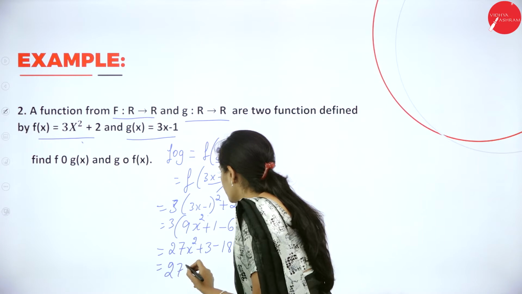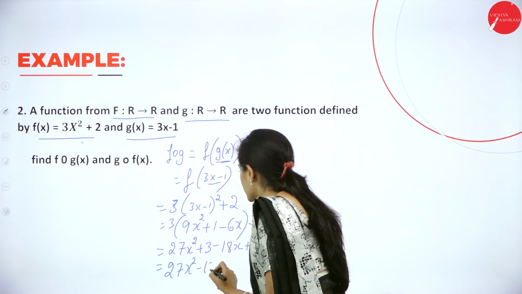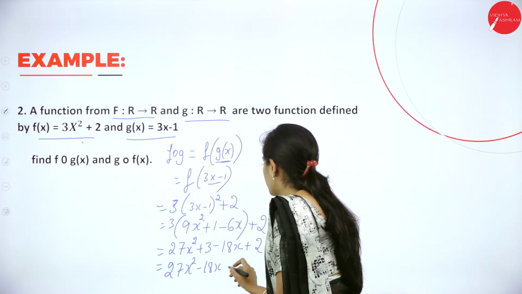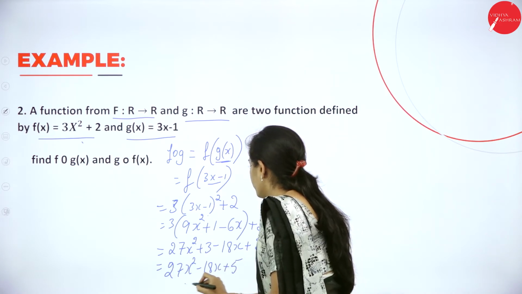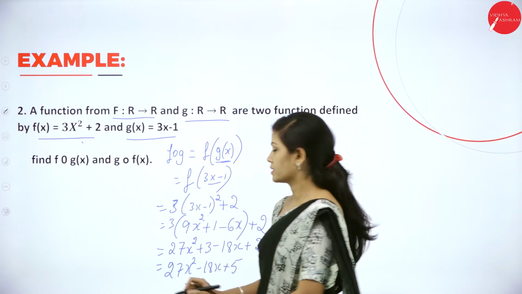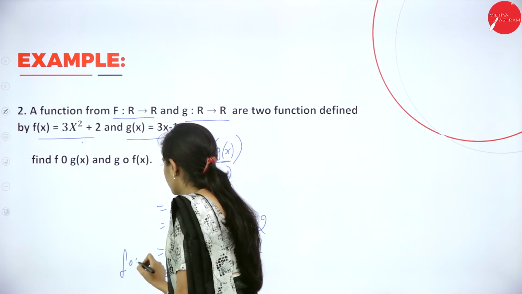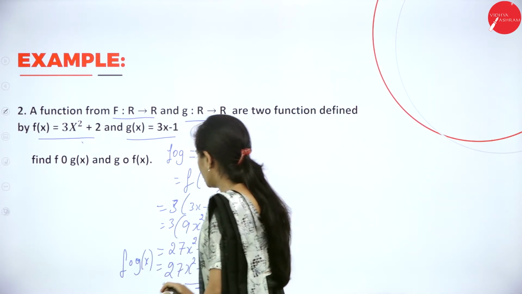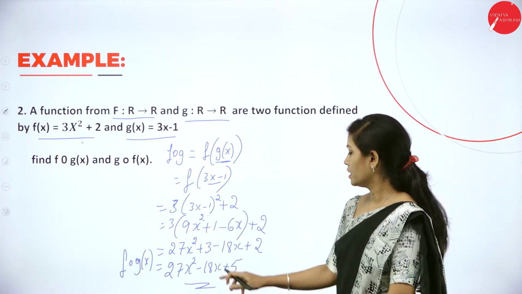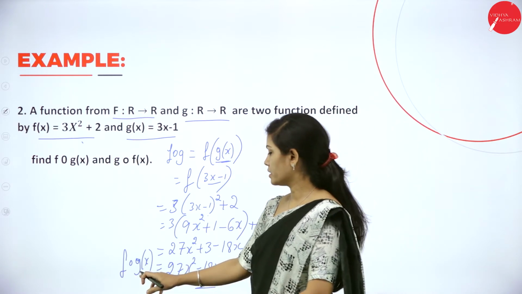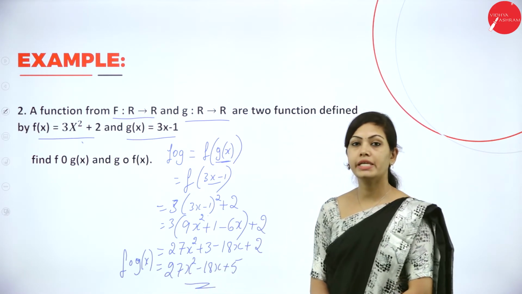Rearrange this equation: 27x square minus 18x plus 3 plus 2, which is plus 5. So this is your fog x. Fog x is equal to 27x square minus 18x plus 5.